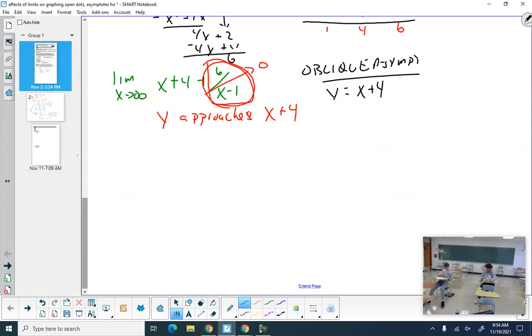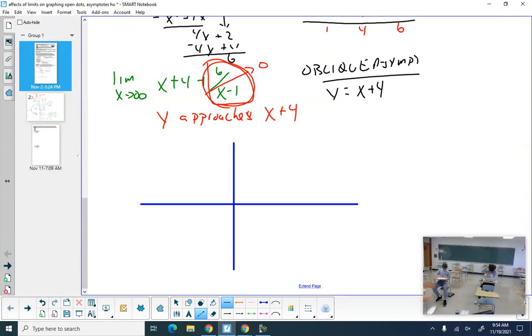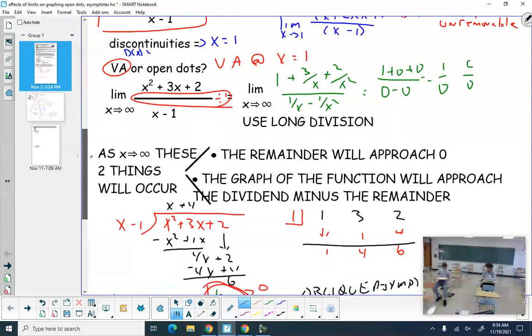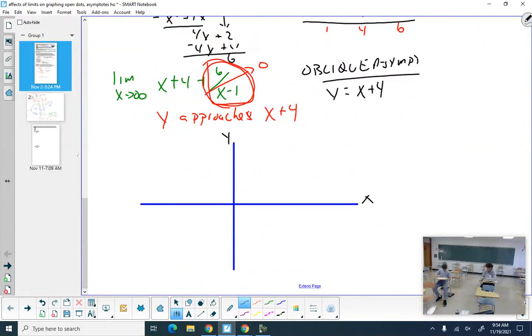So if we take a look, I know I didn't leave much room for you there. If we take a look at a graph here, we have a vertical asymptote of x equals 1. Our vertical asymptote of x equals 1.